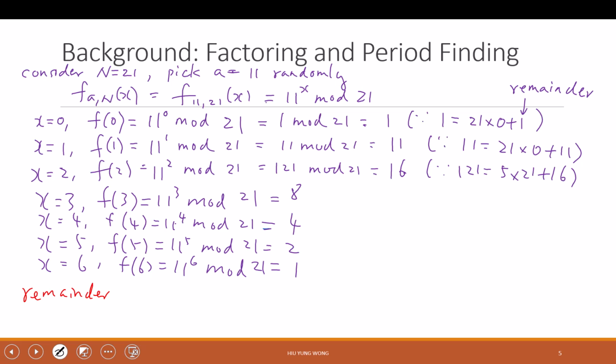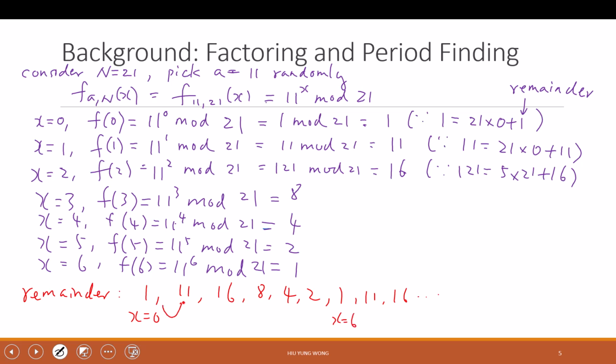So you see that the remainder goes from 1 to 11 to 16 to 8 to 4 to 2 and then to 1. And based on number theory, it will repeat. It's going to repeat 11, 16, etc. So what is the period? This is x equals 0. This is x equals 6.